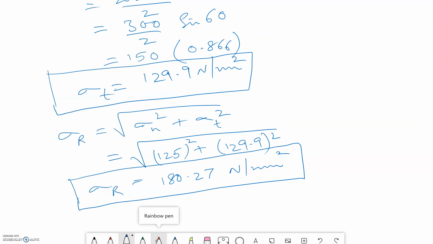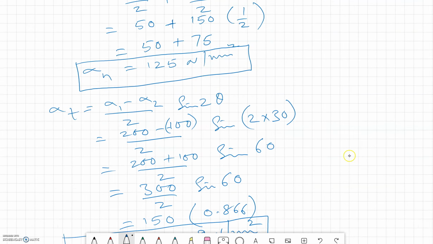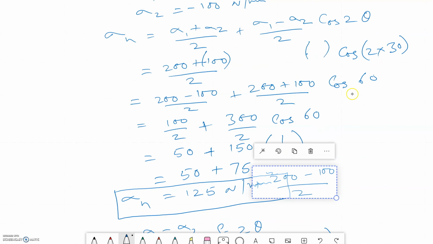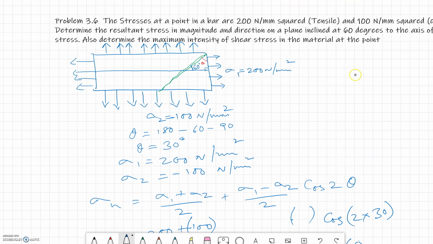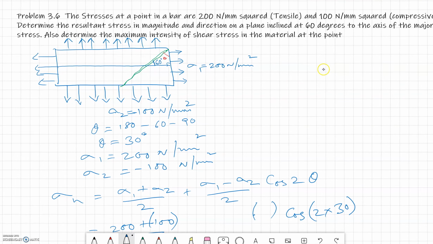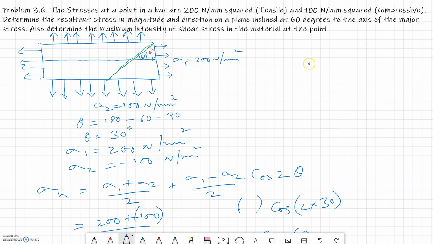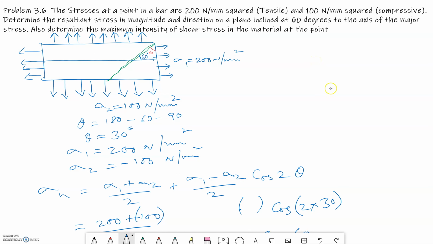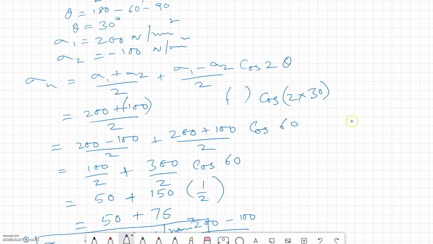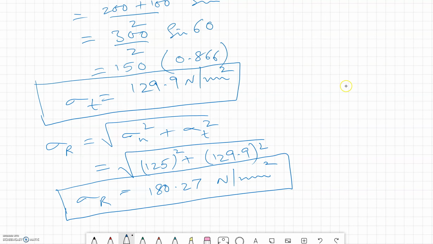Now he's asking you to find out the direction of the inclined plane. Let's go back to the question. The inclination is given by your obliquity.